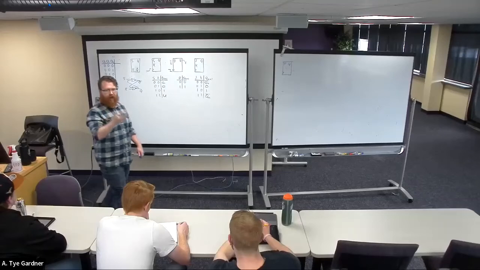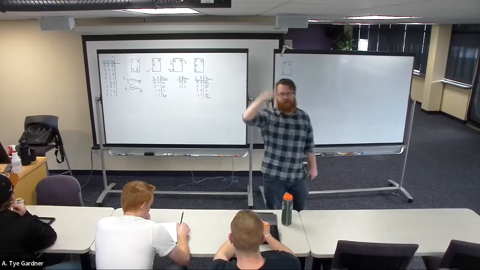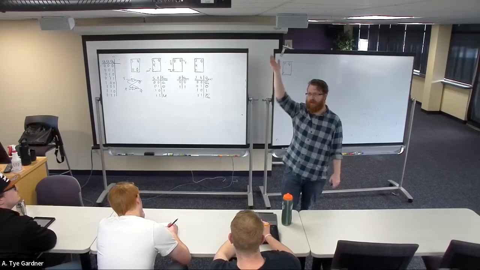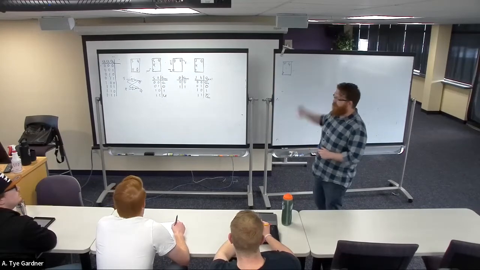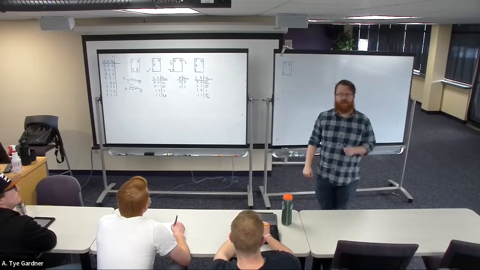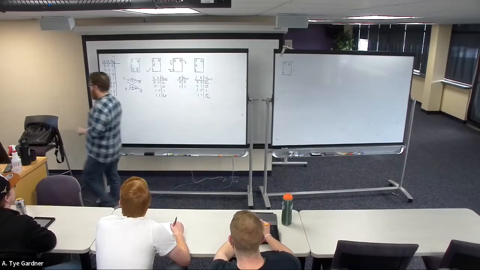I want to be able to count from 0 to some number, or from some number down to 0, or -10 to +10, whatever my range is to count. T flip-flops are kind of the easy way of doing this. They end up almost trivializing the design of a counter.